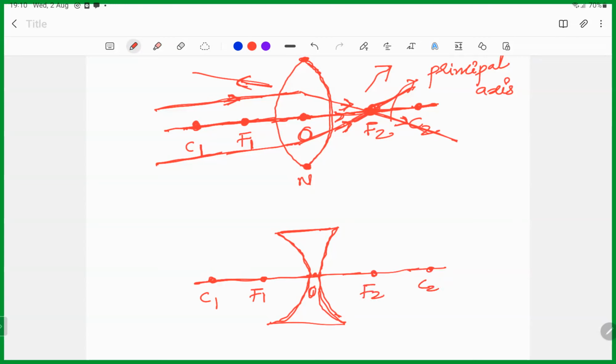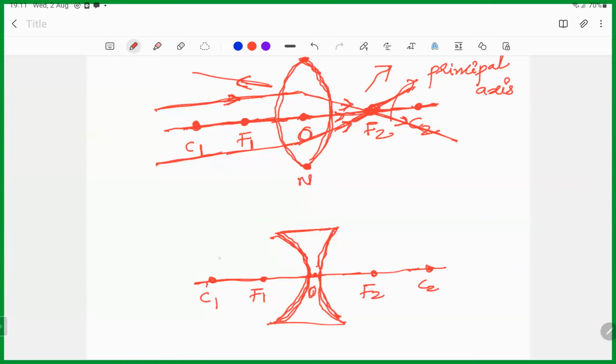How do we find C1? The center of curvature of the left surface will be C1 and of the right surface will be C2. Here C1 will be on the right side and C2 on the left.